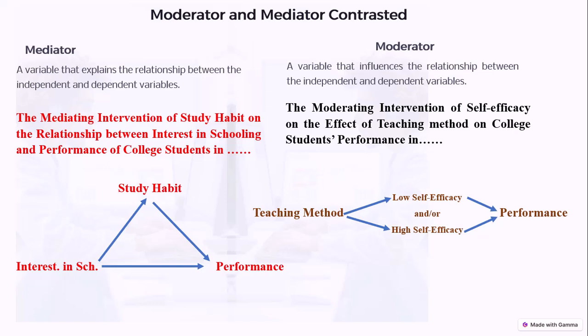So now we can look at the contrast between mediator and moderator. It is just that a mediator explains how the relationship occurs, while a moderator explains the condition for which that relationship would take place. So this is the typical explanation I can give to differentiate between a mediator and a moderator.